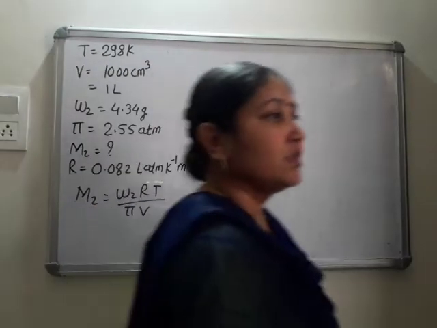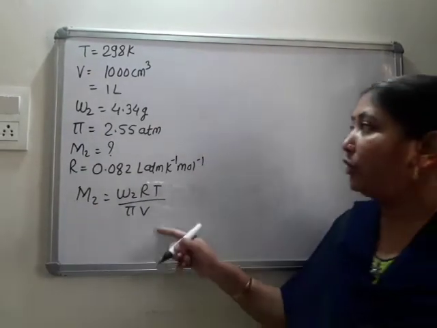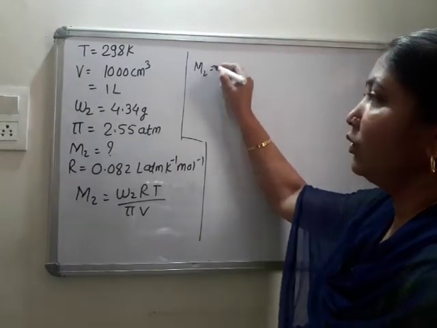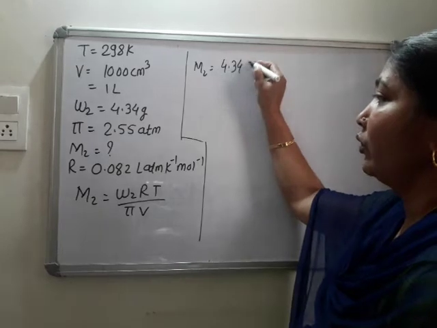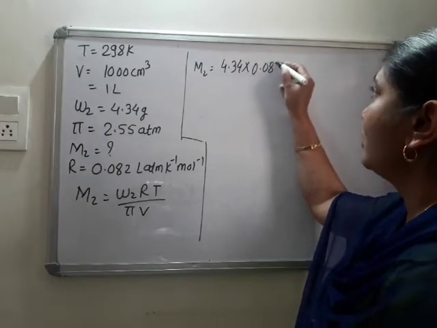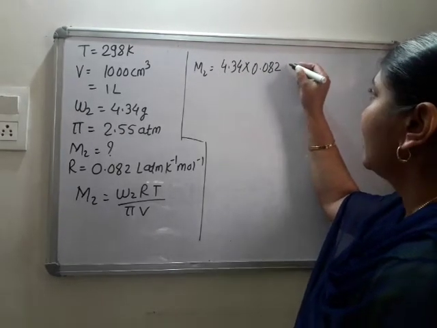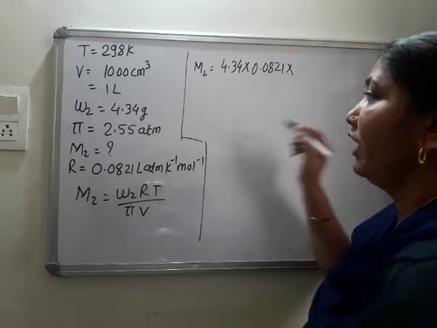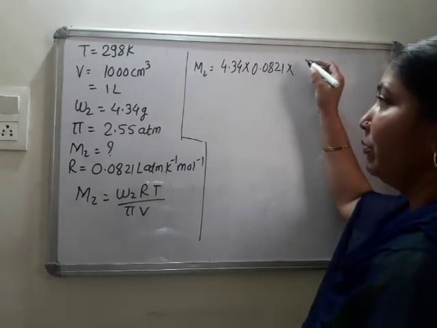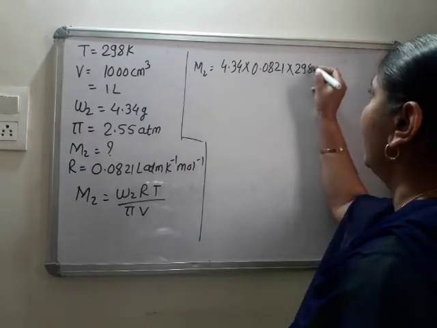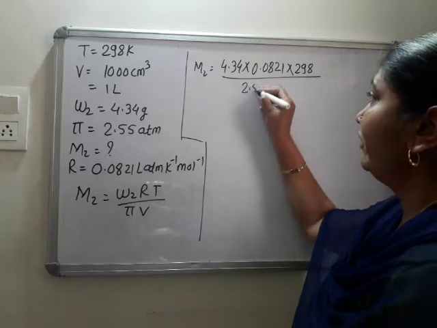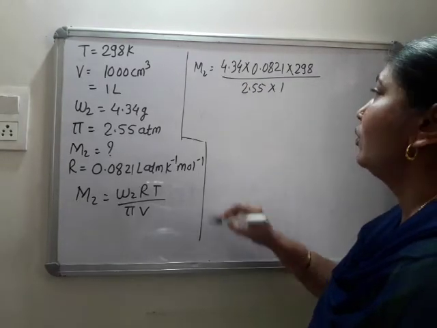Put the values. M2 is equal to W2, which is 4.34, R is 0.0821, temperature is 298 Kelvin, pi is 2.55, and volume is 1.